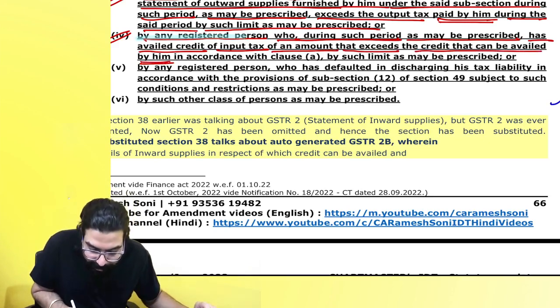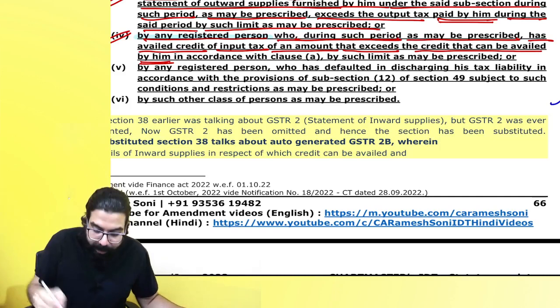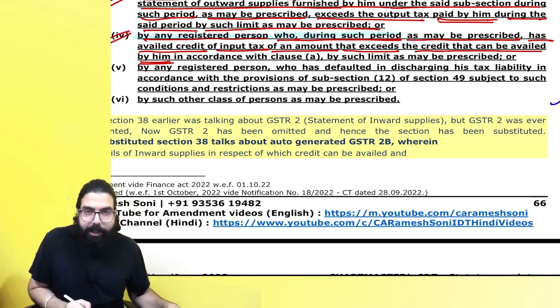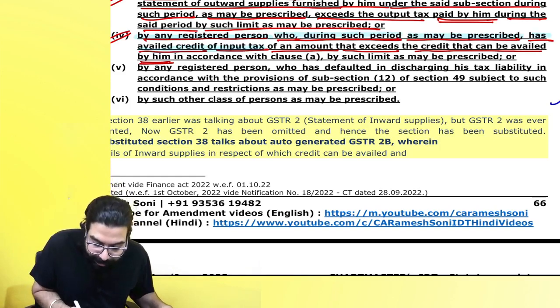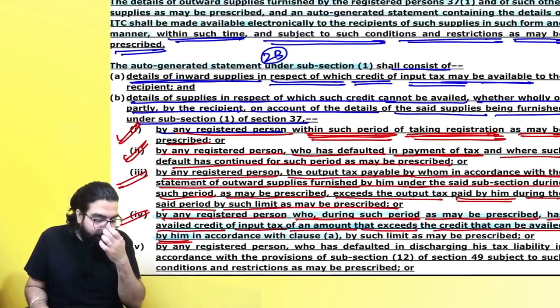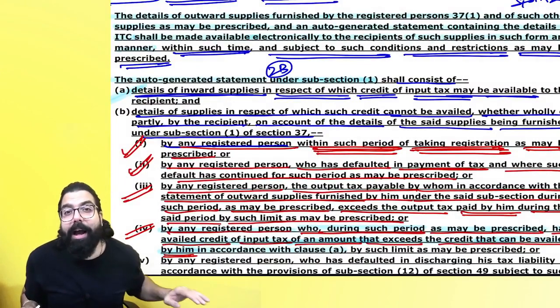If details in GSTR1 are furnished by a registered person who during such period as may be prescribed has availed credit of an amount that exceeds the credit that can be availed by him in accordance with clause A. What is clause A telling?